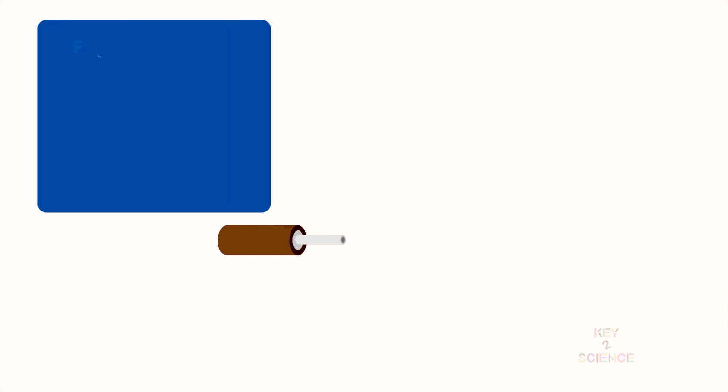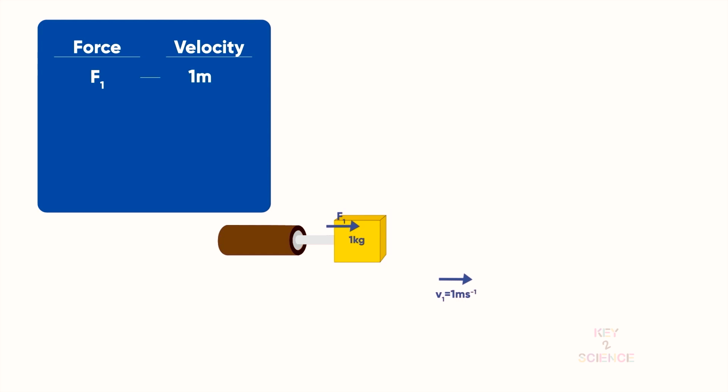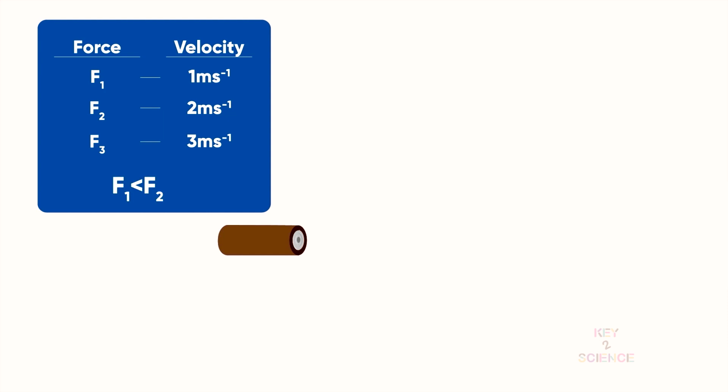Let's say one force F1 results in 1 meter per second velocity, F2 results in 2 meter per second velocity, F3 results in 3 meter per second final velocity, and so on. From the results, we can compare the forces and can say F1 less than F2 less than F3.